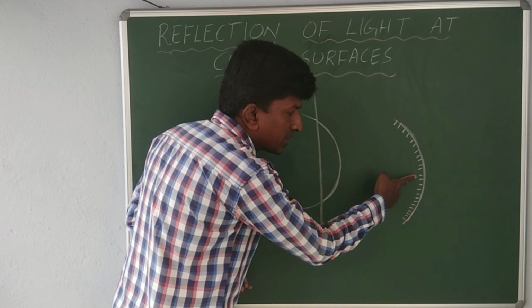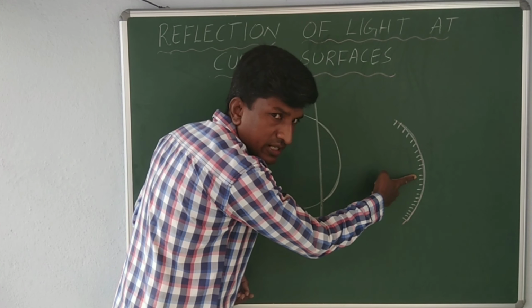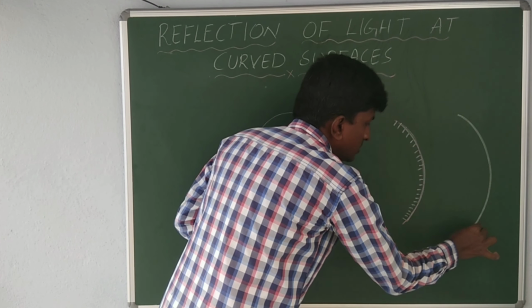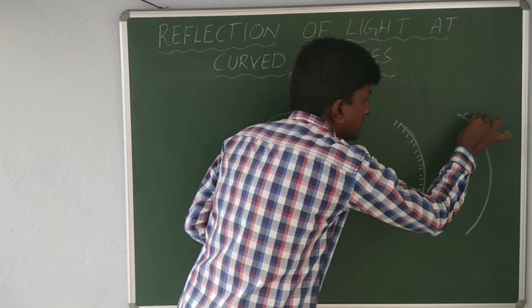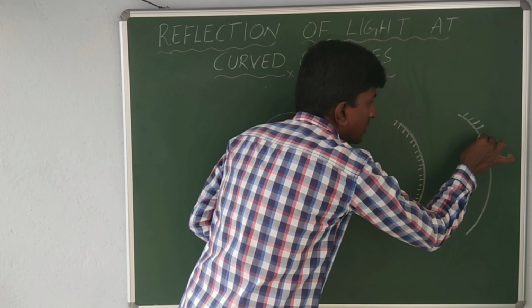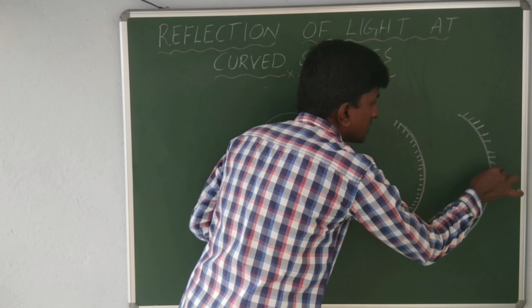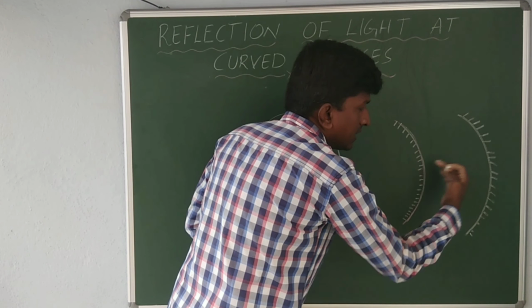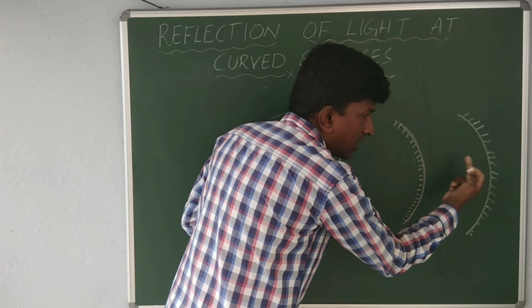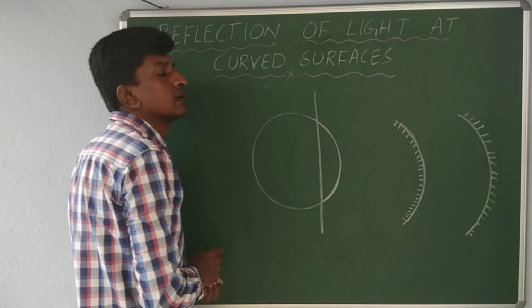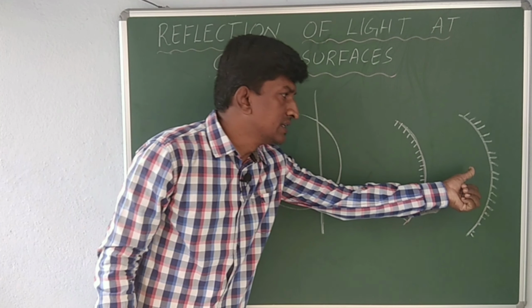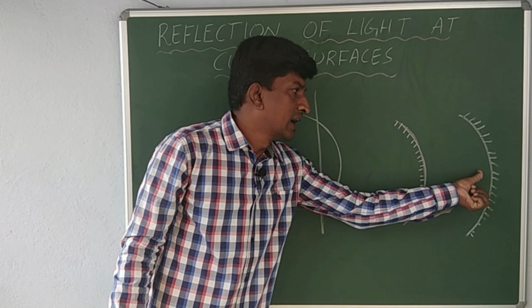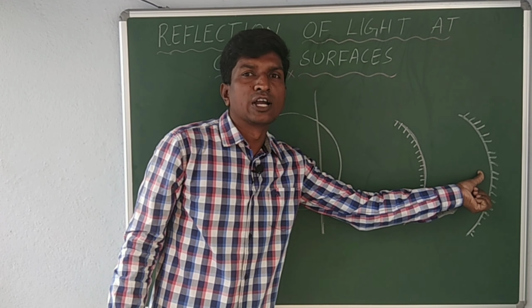So this mirror is said to be a convex mirror. Or if I coat the convex part, then the concave part becomes reflecting. So this mirror is a concave mirror. This is the convex mirror and this is the concave mirror.